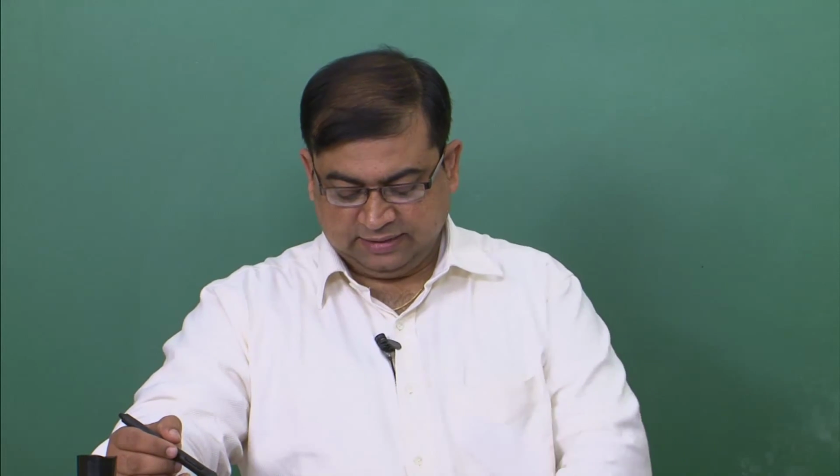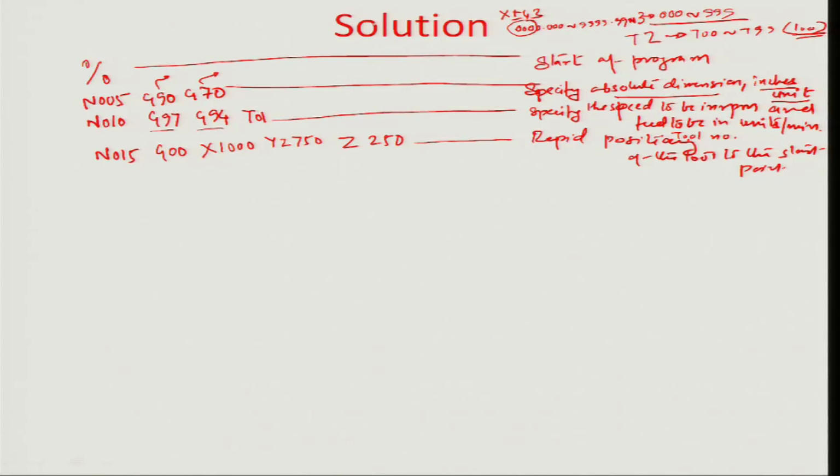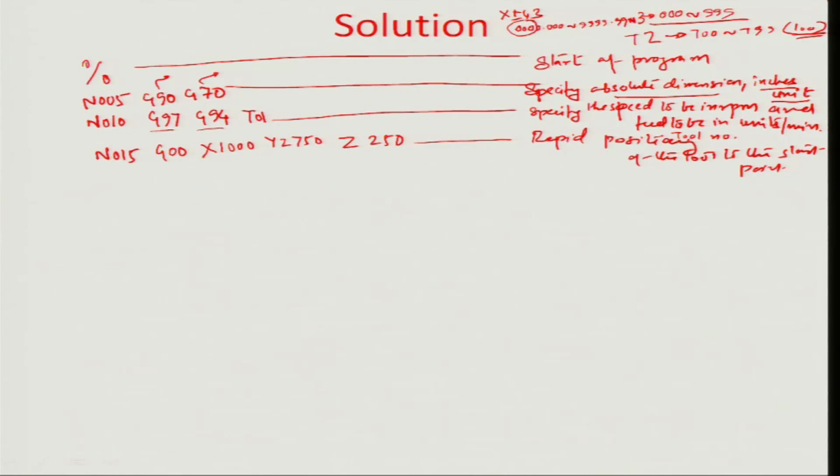So we started writing this program, and we had covered issues related to the start of the program, depicted by the percentage sign, which is a special character. Then we started writing 3 different lines, one of which specifies the absolute dimensions to be followed. That means the reading would be only with reference to the origin every time.